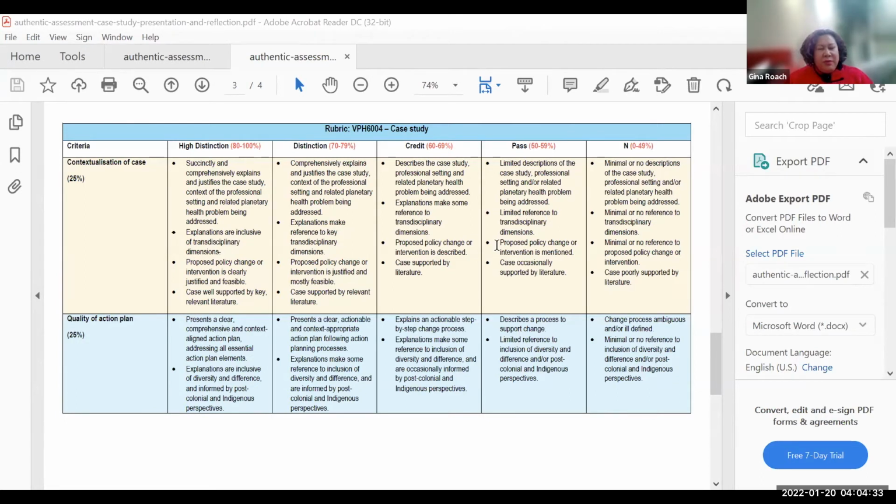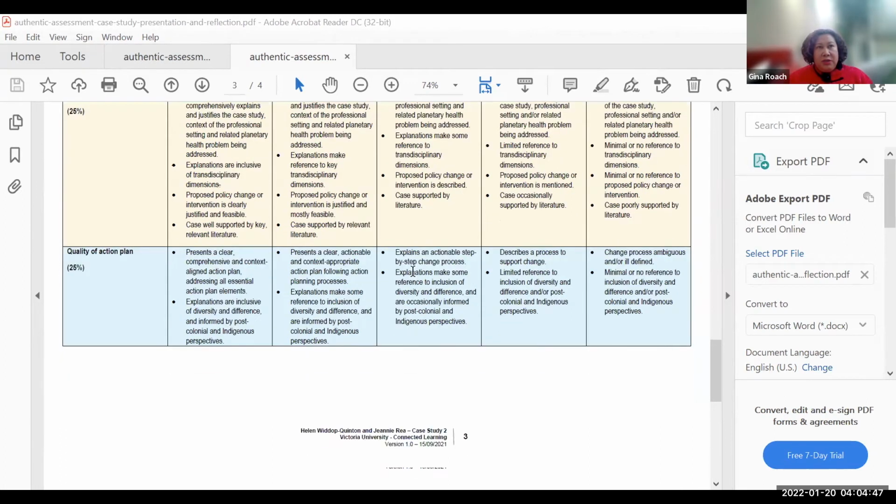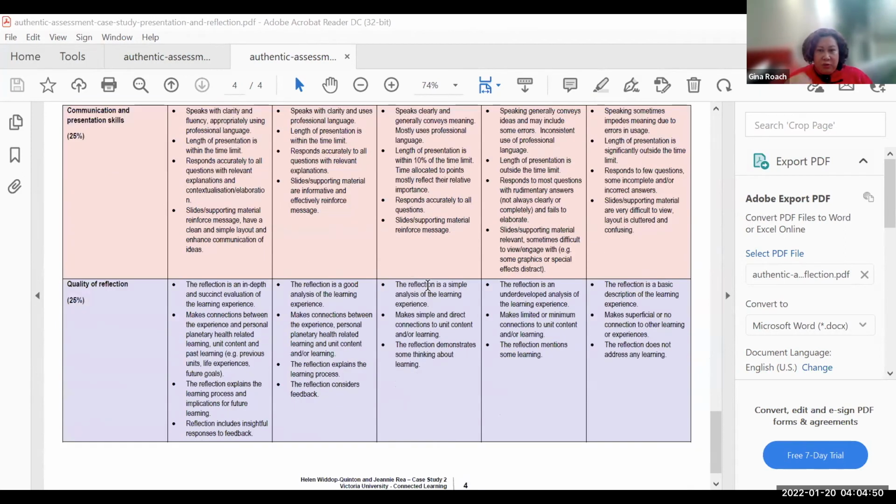Usually it is about the student's ability to assess the explanatory power of the theory to practice, right? So the first part is usually about students' ability to apply theory to practice. And then the reflection part is usually about looking inward.